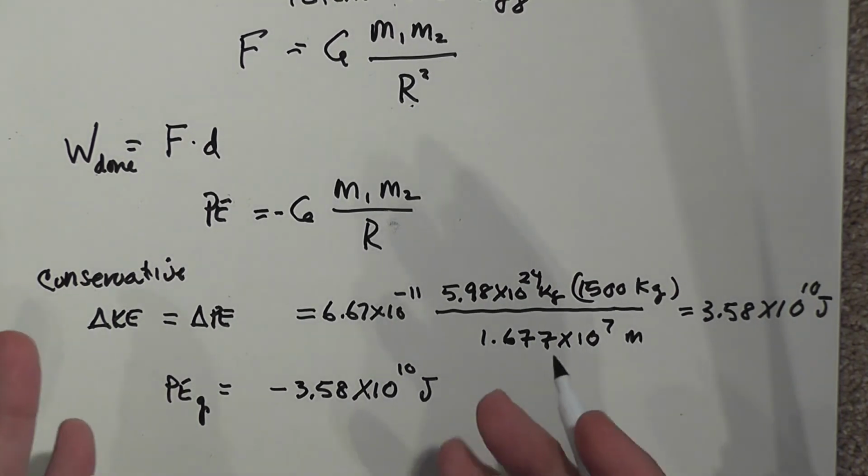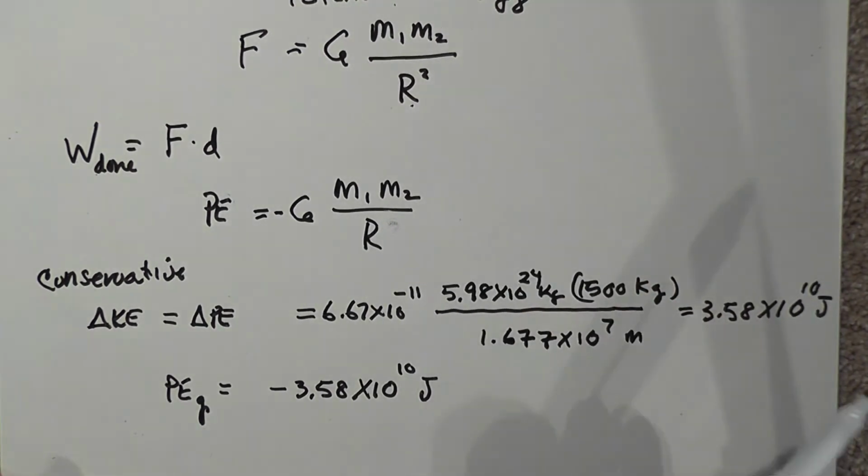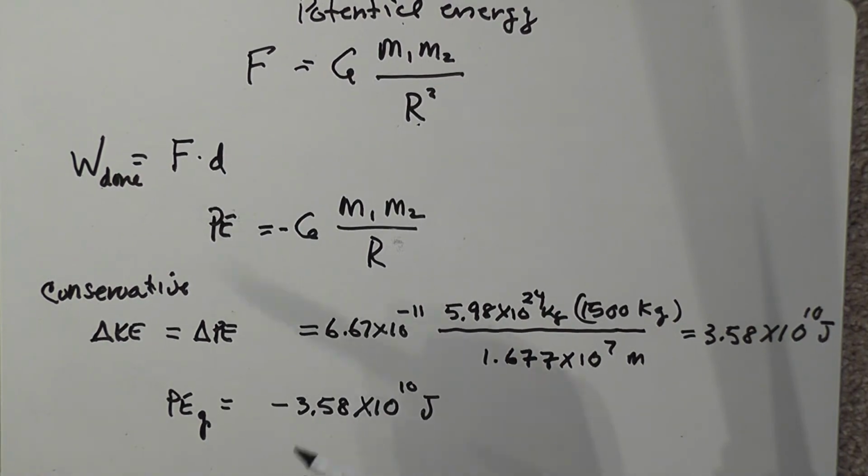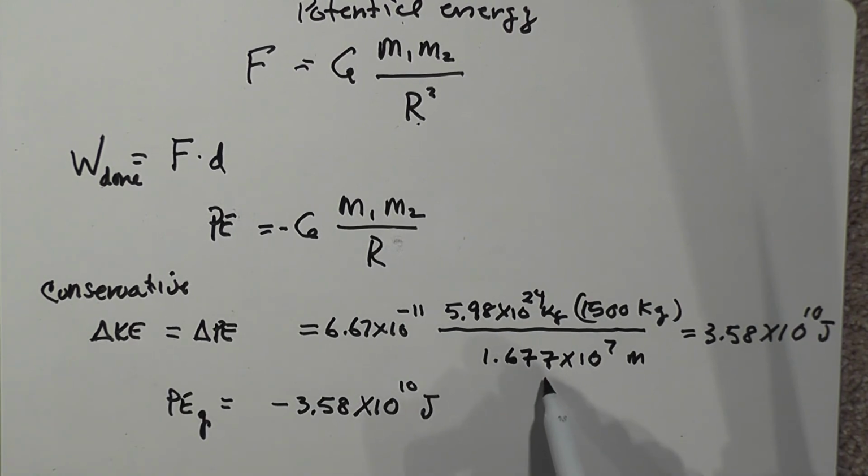Okay, so we saw that by taking Newton's gravitational equation, we were able to derive the potential energy of the satellite in orbit at a certain distance, in this case 1.677 times 10 to the 7th meters, orbiting Earth.